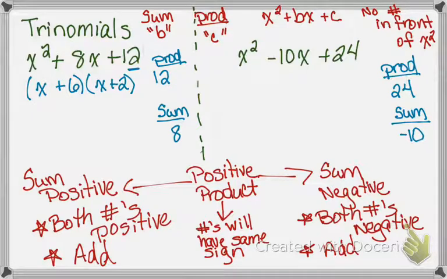If I wasn't sure, what I would do is come over here and start writing down the factors of 24. And I know they're both negative, so I've got negative 2, negative 12. That's not it. Negative 3 and negative 8. Well, that's not it. Negative 6 and negative 4. That's it.